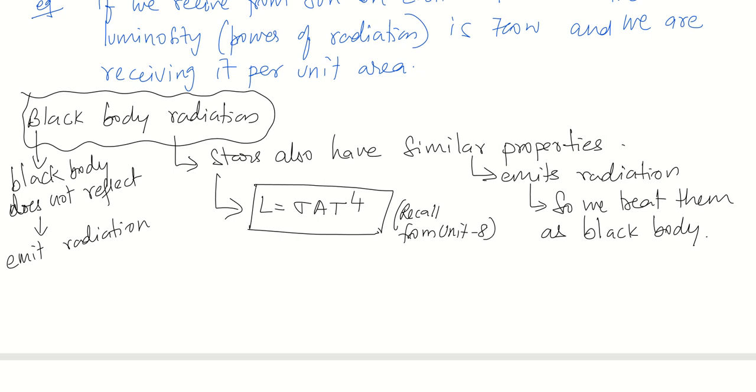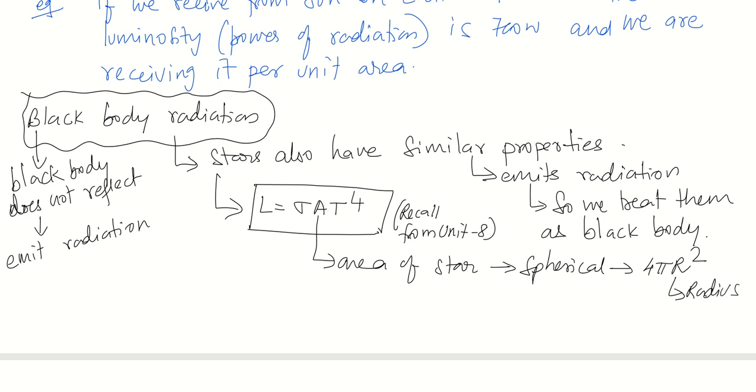Okay, where A is the area of the star, and because it is considered as spherical, we use 4 pi r square, where r is the radius of the star. Okay, and the unit of this is of course watts. This particular thing is known as your Stefan-Boltzmann constant.